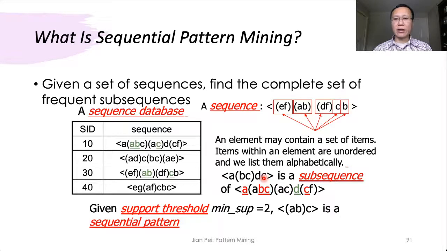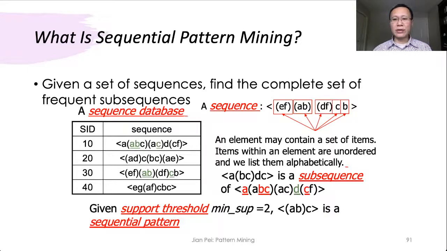We can define the concept of subsequence. For example, if we have a sequence A, B, C, D, C, where an element has only one item, we omit the brackets.